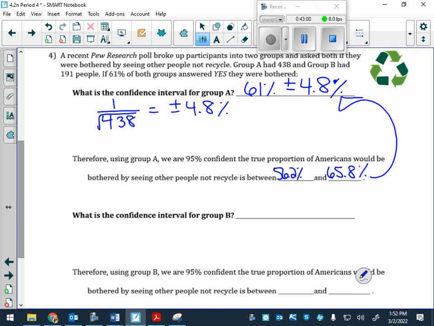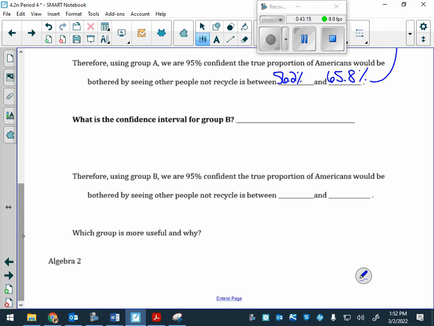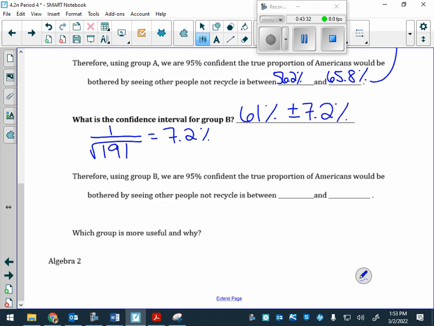Okay. Try group B. Find group B. 7.2%. Good. So 1 over, what was the sample size? 191. It was 7.2%. Okay, 61 plus or minus 7.2%.